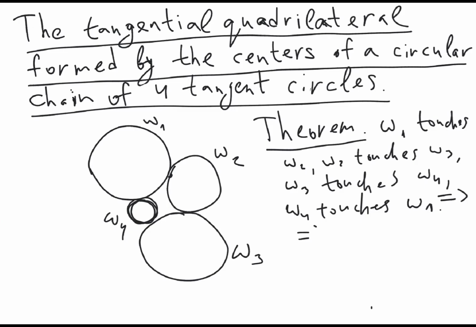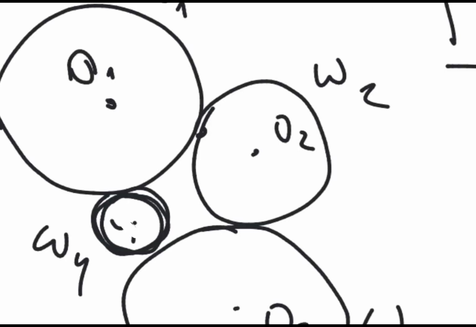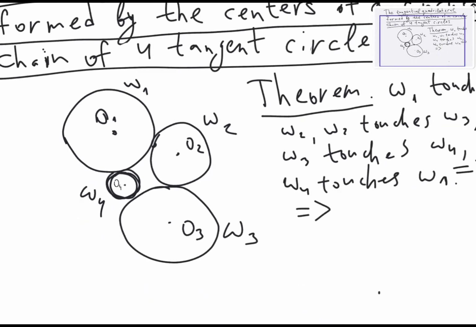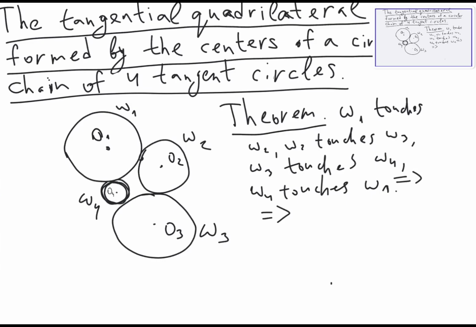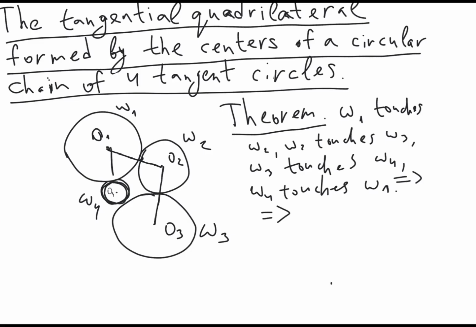So it follows from this that their centers, if we denote them by O1, O2, O3, O4, then this quadrilateral formed by the centers of these circles is tangential.